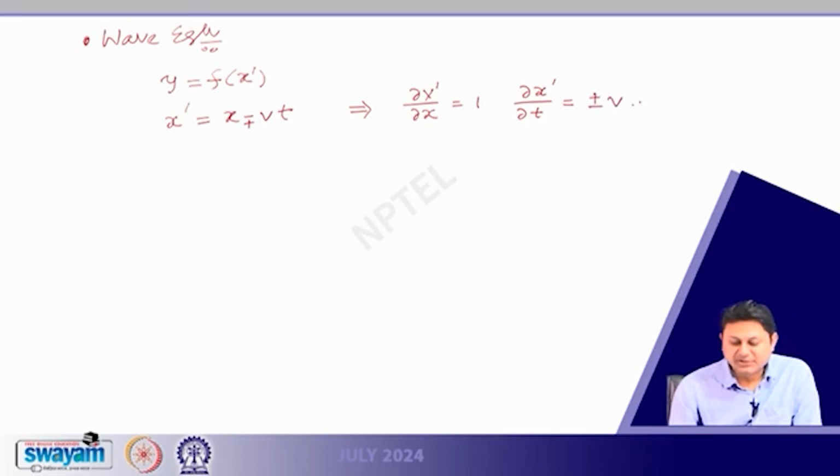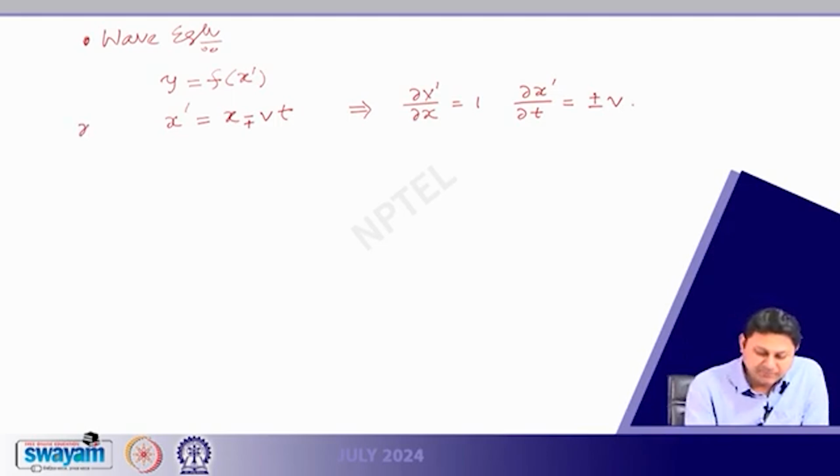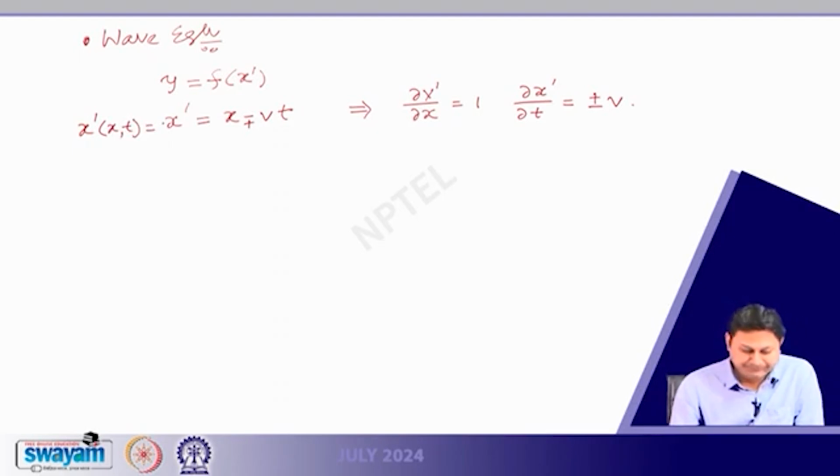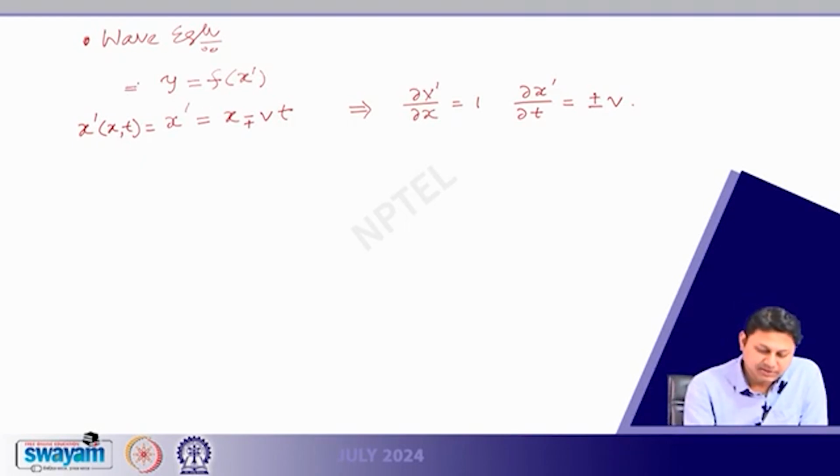Because x prime is in general a function of x and t. Okay. So now I have a functional form where y should be a function of x prime in this particular form, which is given here.